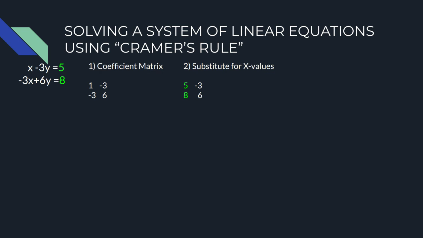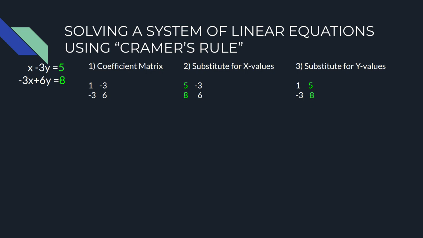Our third matrix, we're going to take 5 and 8, and we're going to substitute those in for the y values in the coefficient matrix. So instead of -3 and 6 here, we've got 1 and -3 for x values in the front, but instead of the -3 and the 6 in the second column, we've got the solutions, of the solution side of our system here.